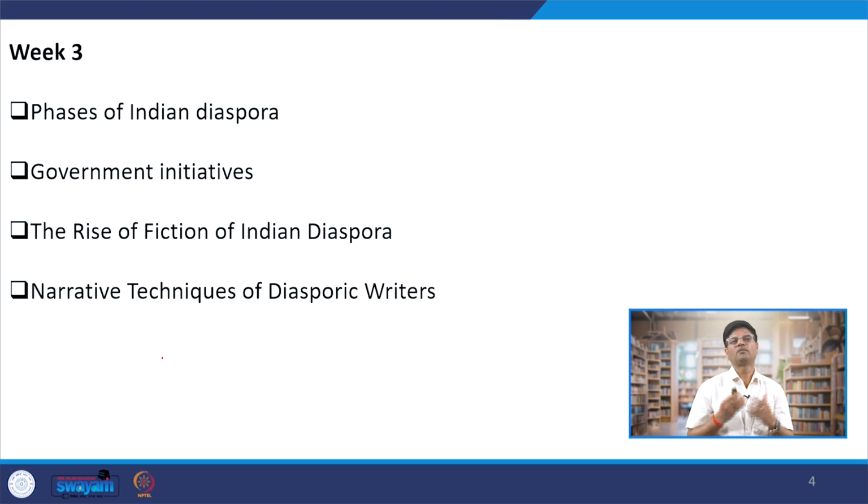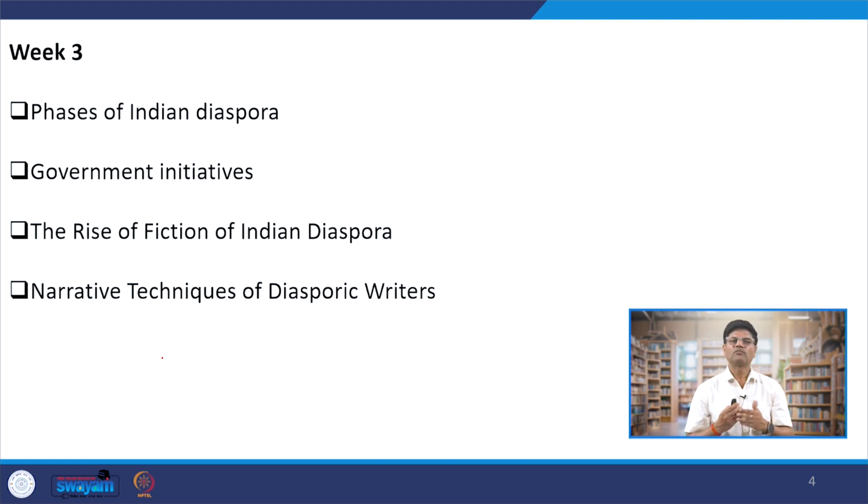We also talked about the government initiatives like NRI Day, celebration of Know India programs, and many such cultural and political initiatives by the government of India to facilitate a smooth relationship between the diasporic community and home, which has resulted in better communication between the communities abroad and the communities back home.